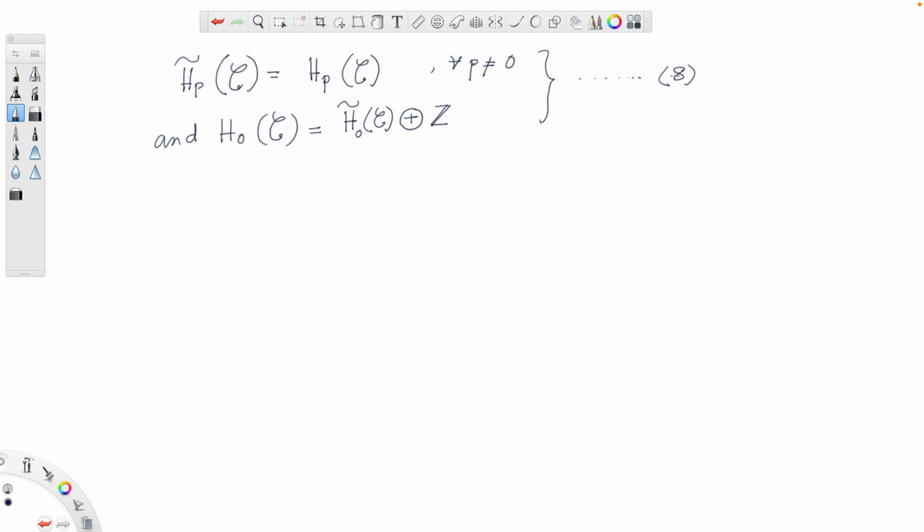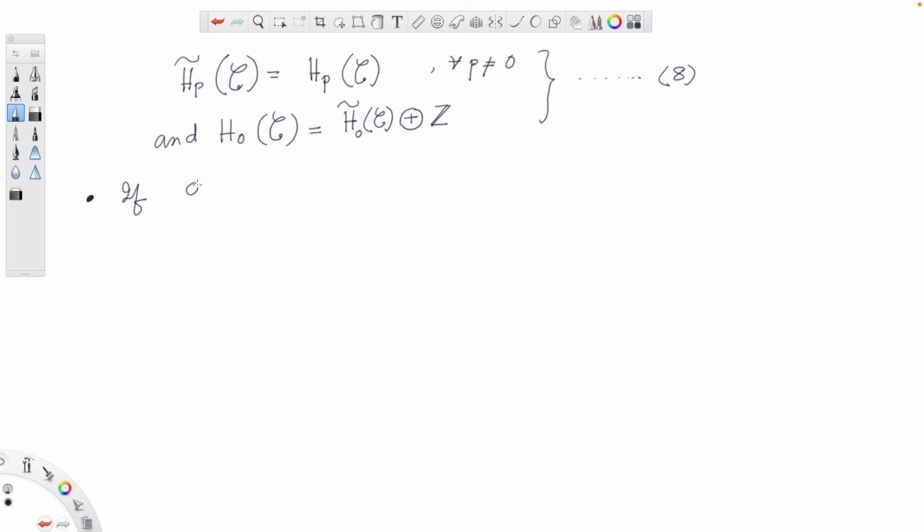Now, there is another point about chain maps, which refers to composition of chain maps.